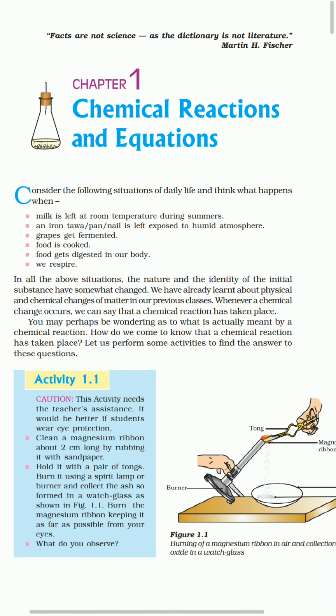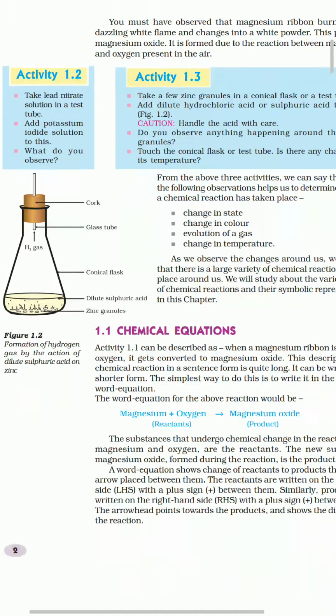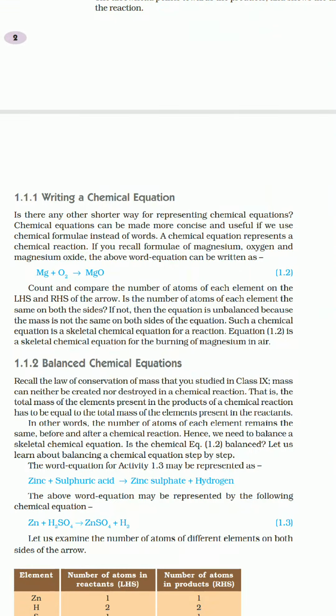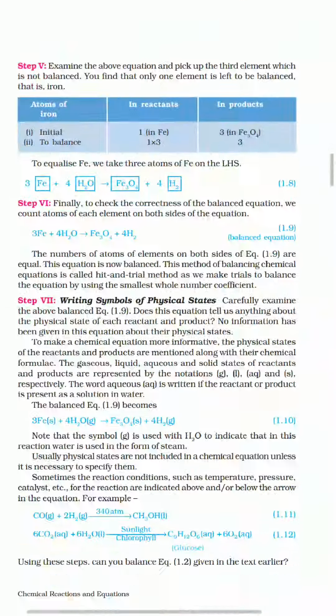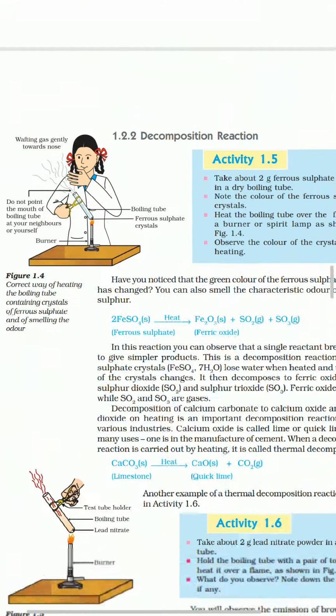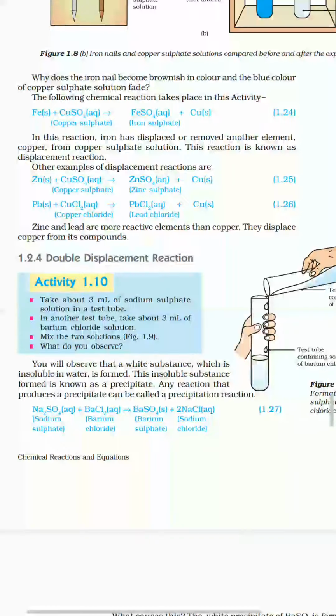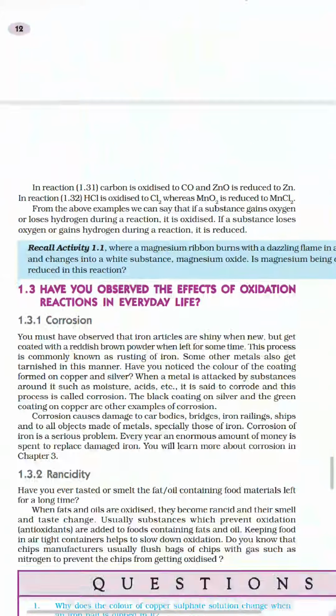Hello class 10 students. In chemistry we have already studied the first lesson, chemical reactions and equations, and we have gone through various topics like chemical equations, chemical reactions, balancing the chemical equation, various types of chemical reactions like combination reactions, decomposition reactions, displacement reactions, double displacement reactions, oxidation, reduction, redox, corrosion, rancidity.